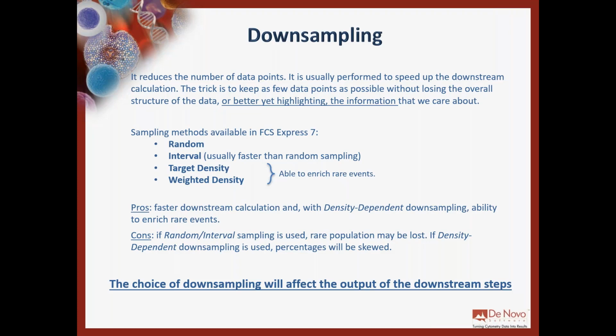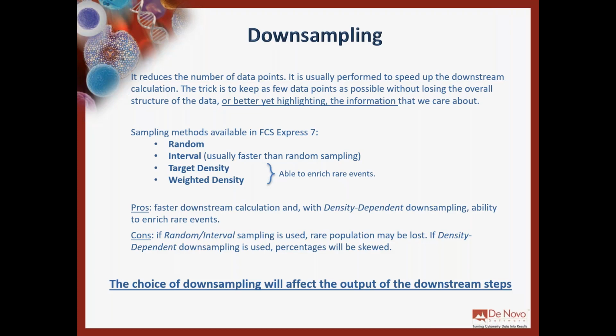Now that you know this, you can see which is the real advantage of these two. Random sampling is really intuitive, it's just random, right? Interval sampling is basically random, but it's faster.